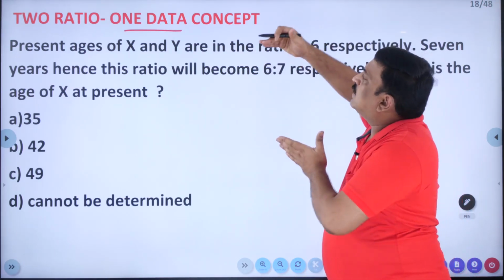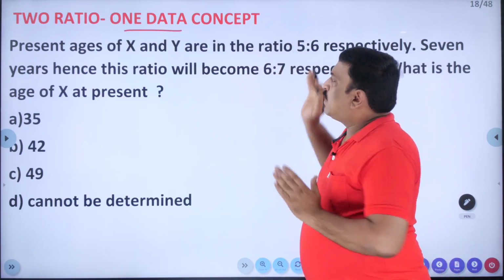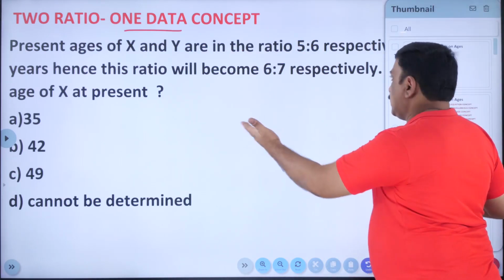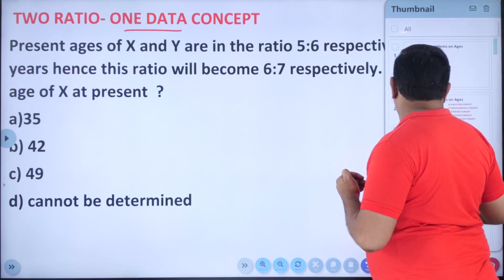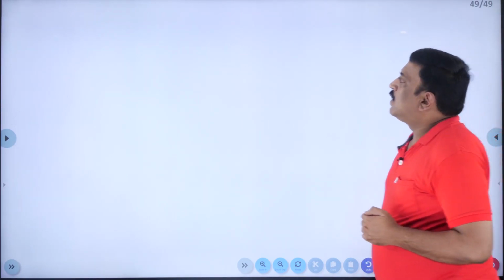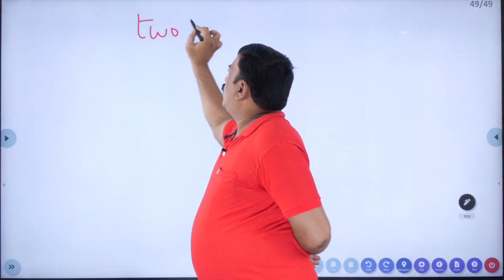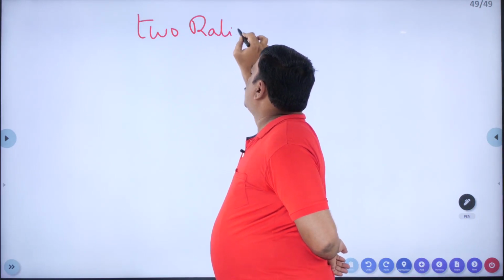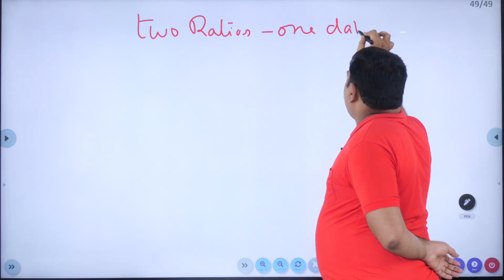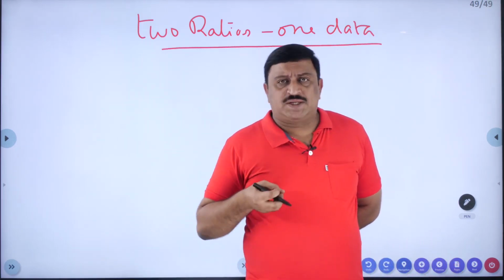First of all, what is the pattern, or what we call the 2 ratios 1 data, how does it appear? This is a standard question. 2 ratios, 1 data will be given. 2 ratios means 2 ratios of the same persons.